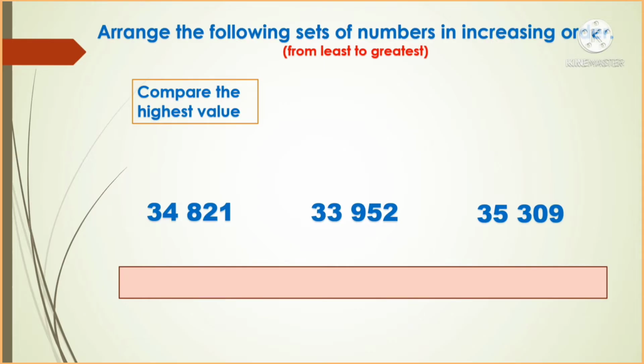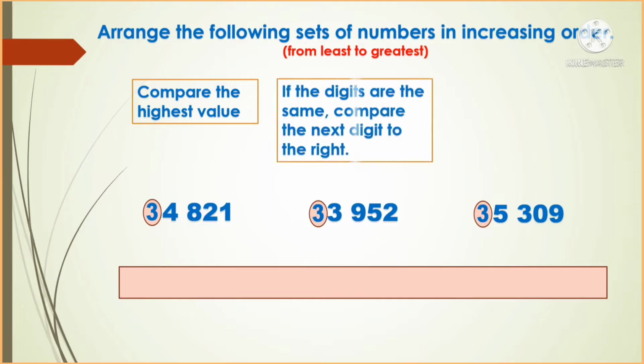So paghambingin natin ang digits na nasa 10,000s place. So we have 3, 3, and 3. So they are the same. Parehong 3 ang nasa thousands place. Now, if the digits are the same, compare the next digit to the right. So, paghambingin natin ang kasunod na digit.